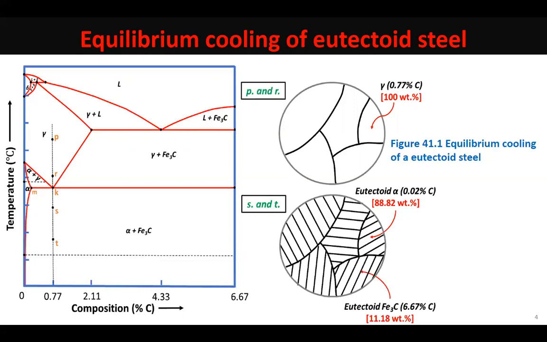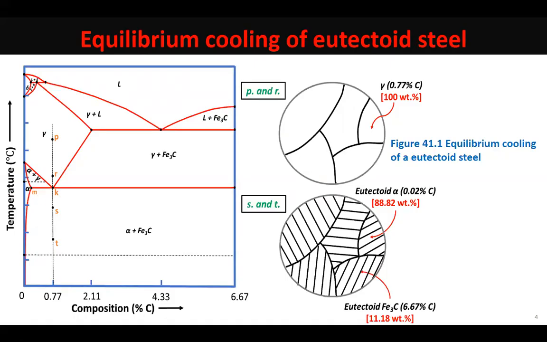But as the steel reaches the eutectoid temperature, corresponding to point K, you would realize that we have austenite of 0.77% carbon present in the steel at the eutectoid temperature. Both the things that are required for the eutectoid reaction are there.